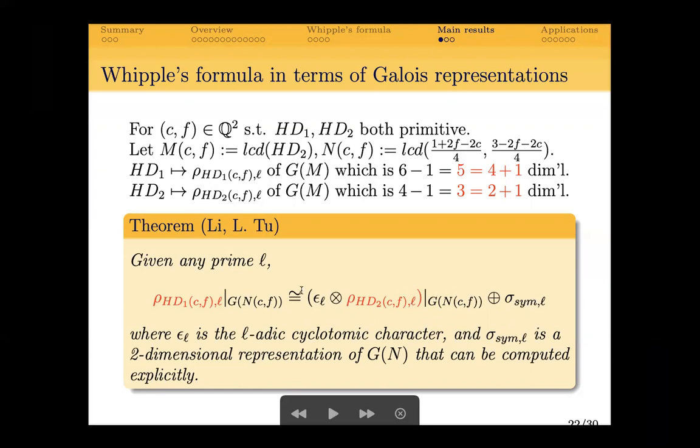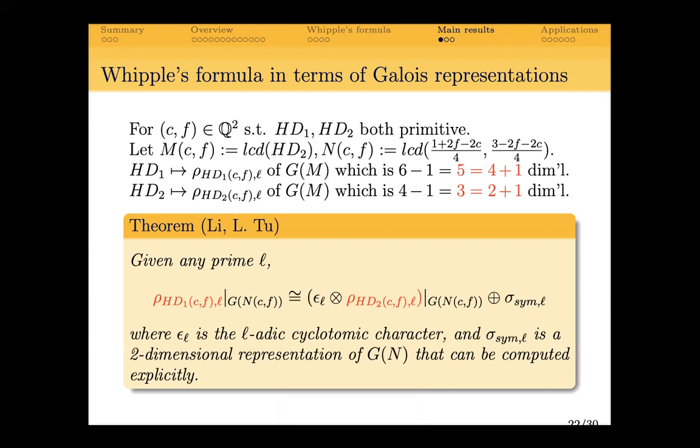There is indeed a 3-dimensional piece, which agrees after restriction with the right-hand side up to a Tate twist. Plus, there will be another 2-dimensional Galois representation. So basically, Whipple's formula in terms of Galois representation actually unravels to be a relation among Galois representations.